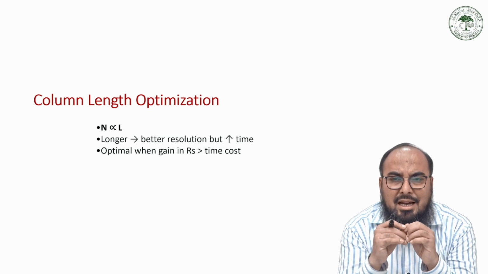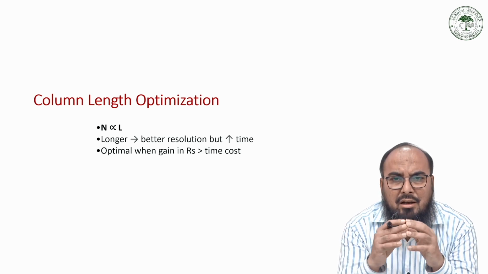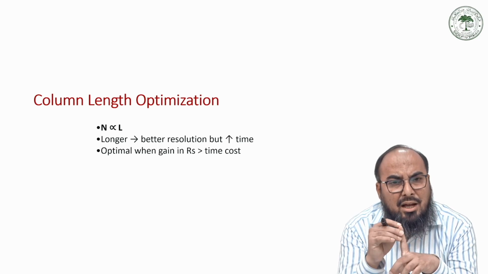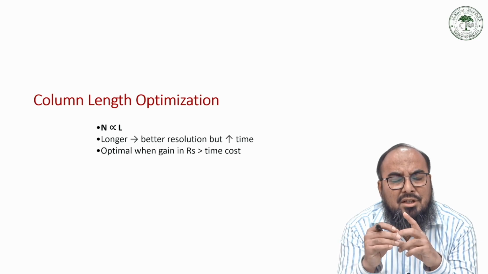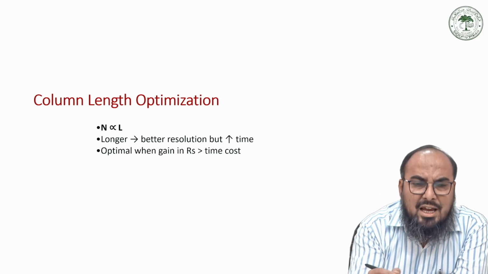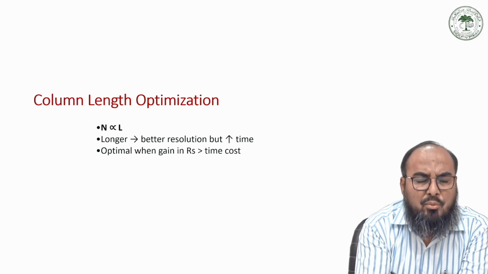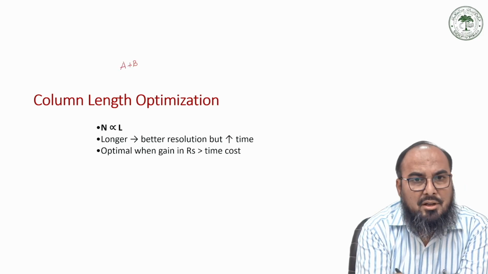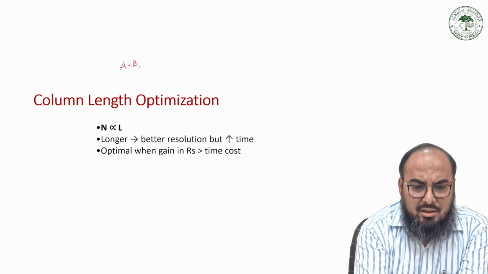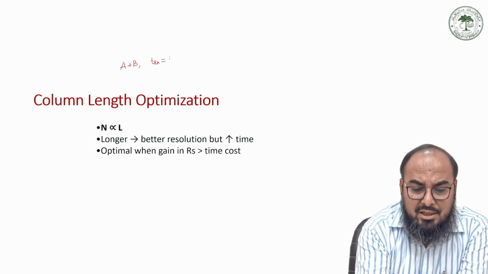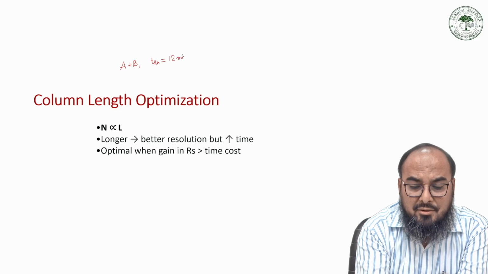So let us take an example to understand the importance of optimization with regard to the length of the column and with regard to the tR and W values. Suppose we have a two component mixture, A and B. tRA comes out to be, for example, 12 minutes.